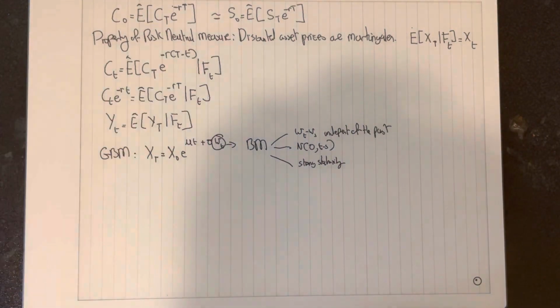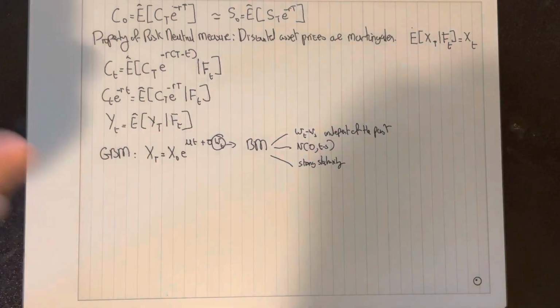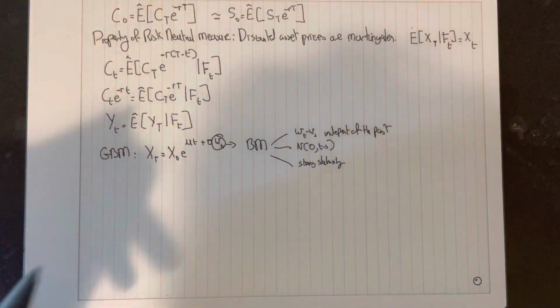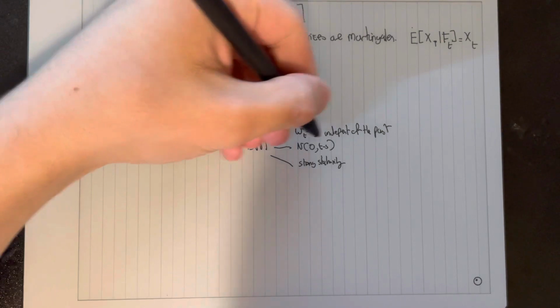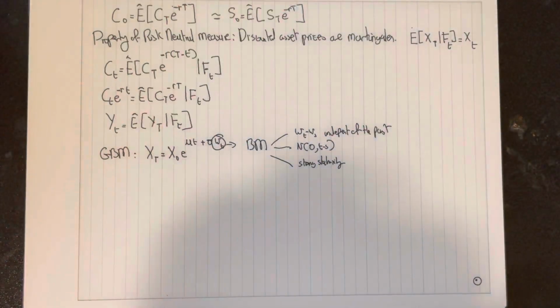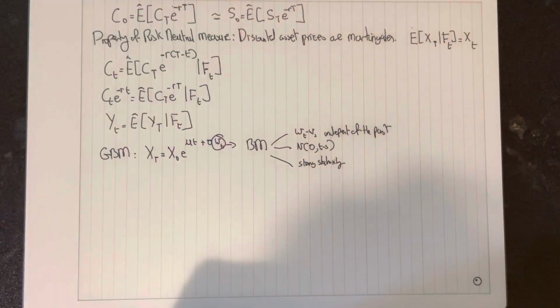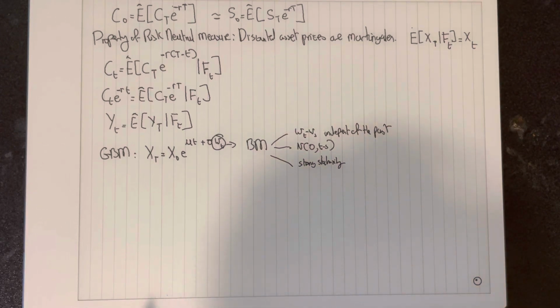So if we have two increments of the Brownian motion and they have the exact same time period, so for example, W_T minus W_S and W_X minus W_Y, and the difference between T and S and X and Y are exactly the same, then we would realize that they have something called strong stationarity, where they have the same mean and the same variance and the same distribution.